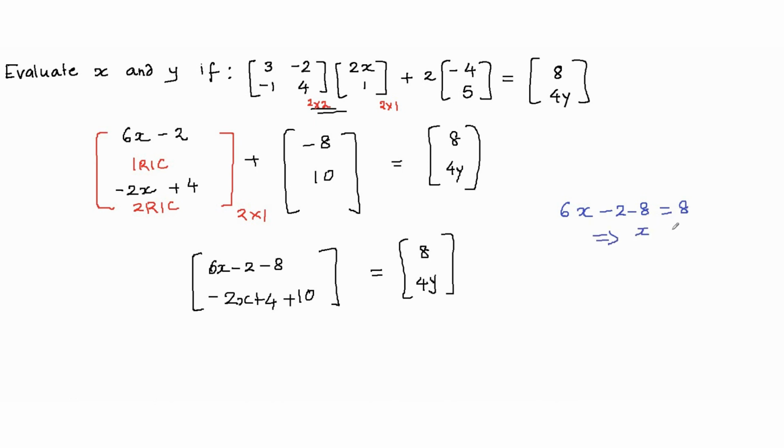Solving this, I get x is equal to 3, right? And negative 2x plus 4 plus 10 should be equal to 4y. So negative 2 into 3 is negative 6, plus 14 is equal to 4y, which means y is equal to 2. Therefore, the value of x is 3 and the value of y is 2.